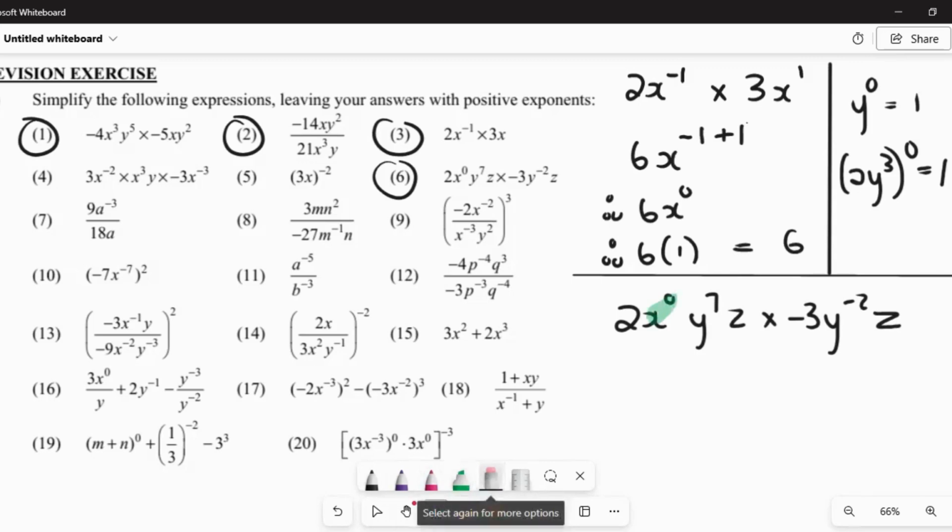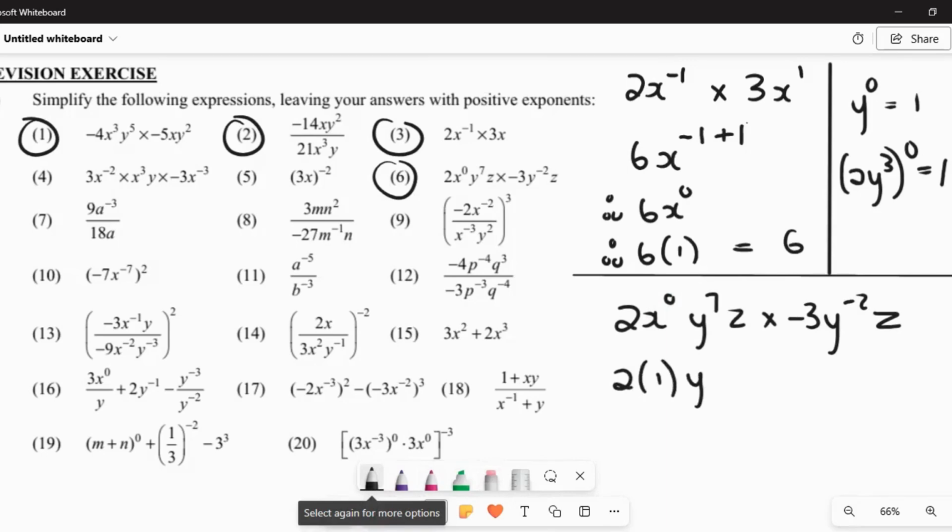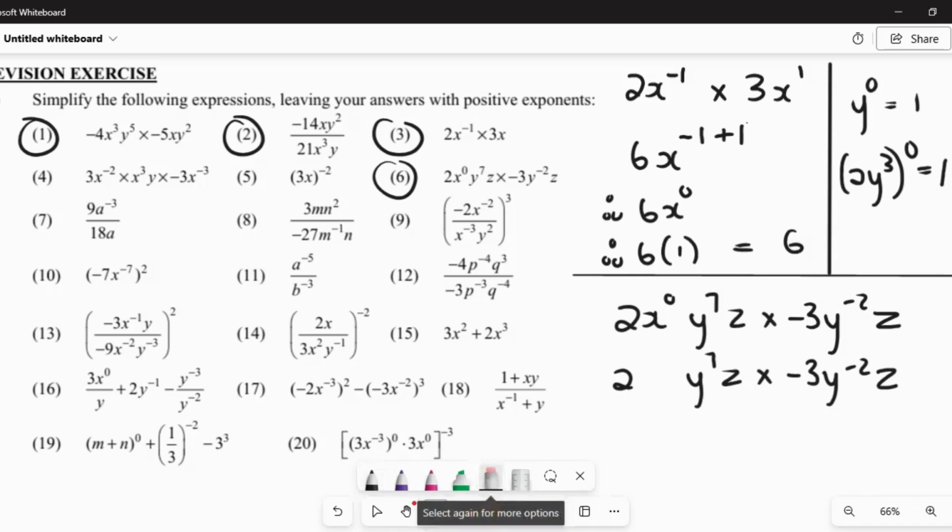So we're just going to write it as 2 multiplied by 1, and then let's just rewrite this quickly. Z multiplied by negative 3, y to the negative 2, z. And we know that anything multiplied by 1 remains to be that thing, right? So instead of us putting this, we can just leave it like that. So we have our 2 there.